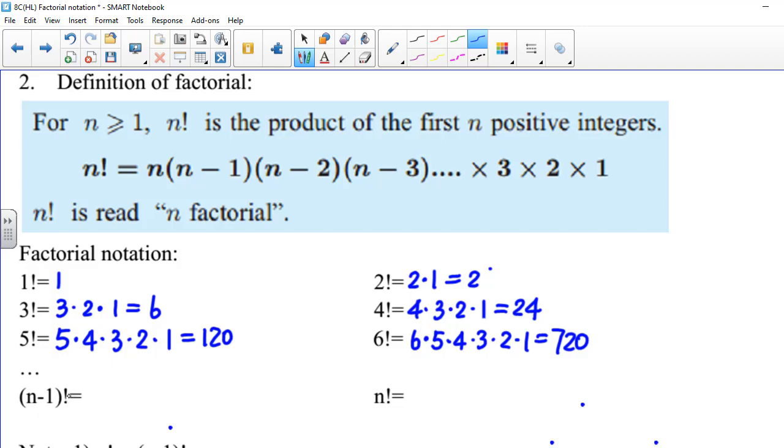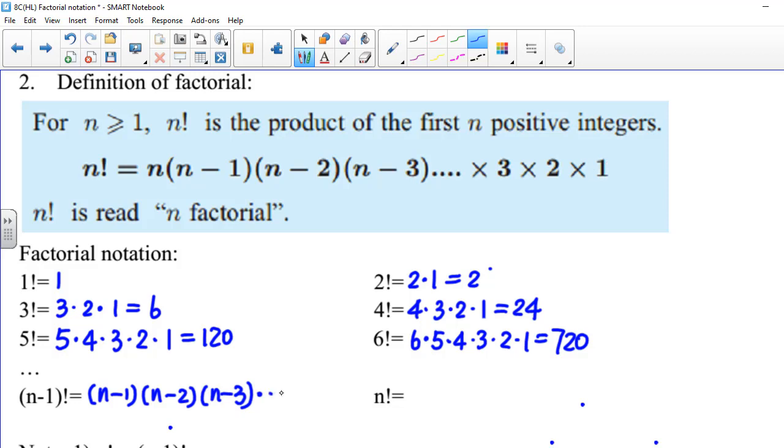N minus 1 factorial means I start with n minus 1, decrease by 1, n minus 2, decrease by 1, n minus 3. Since we don't have a concrete value for n, I understand the concept: this factorial means I start with n and go down by 1 for the multiplication all the way to 1.